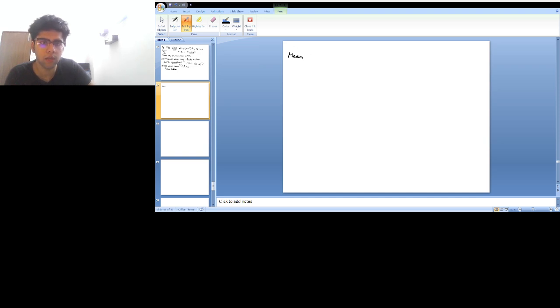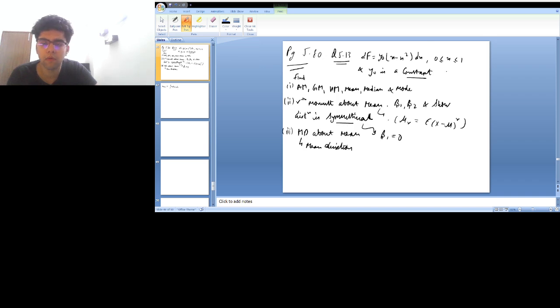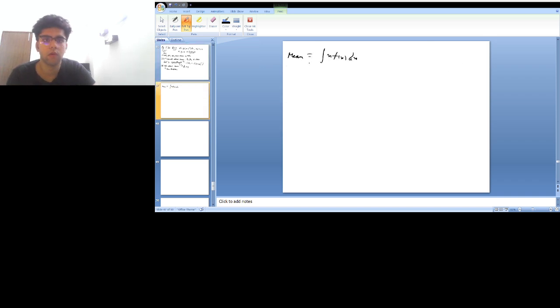The arithmetic mean will be integral of x f(x) dx, and my limits are 0 to 1. X f(x) dx from 0 to 1, and y0 is a constant. So I guess we need to find y0 first.